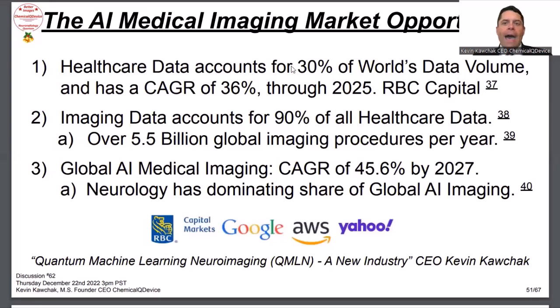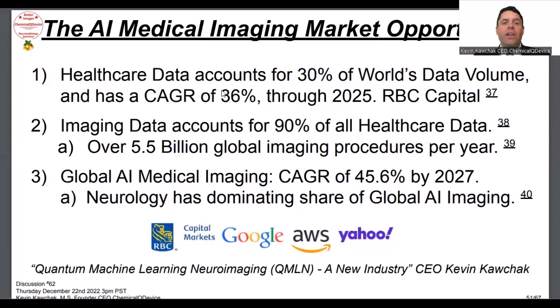Now, a little bit about the imaging market: healthcare data is 30% of the world's data volume, and it has a 36% compound annual growth rate. Now, imaging data accounts for 90% of that healthcare data, and over 5 billion global imaging procedures are performed per year.